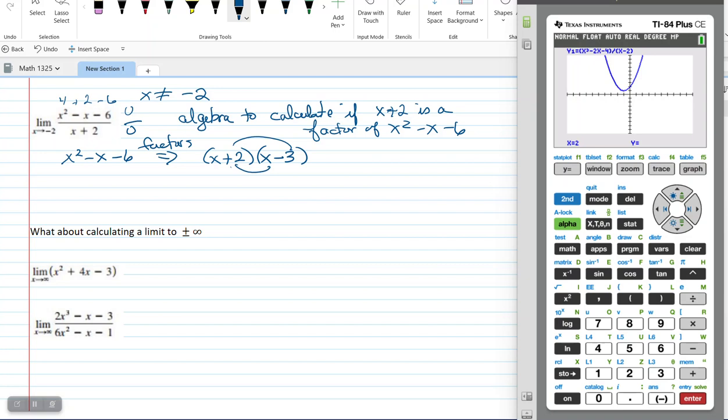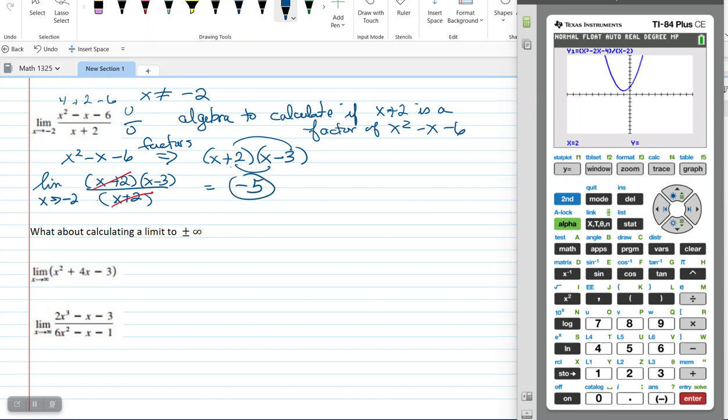So now we have the factors. So this means that I can cancel this out and take the limit as x approaches negative 2. Well, that would make it a negative 5.